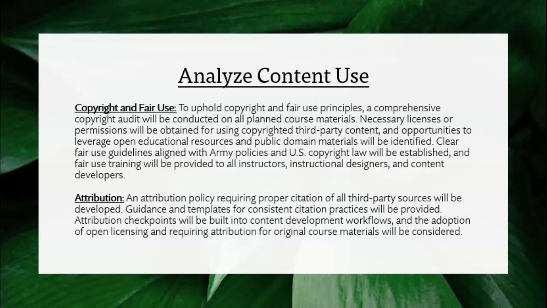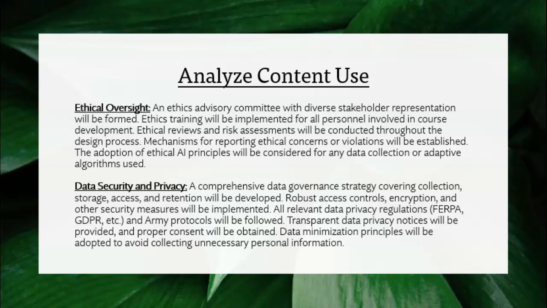We're going to talk through 5 things that we want to analyze for content usage or information inside of this course. One of them is copyright and fair use. We want to make sure that we do the attribution and analyze that for the information that we're using.